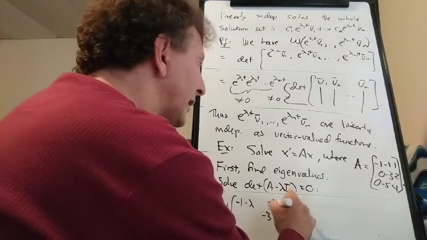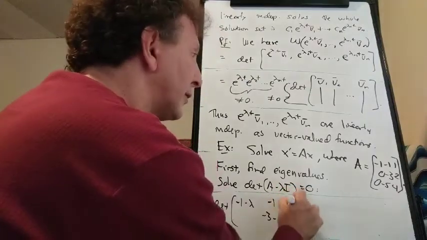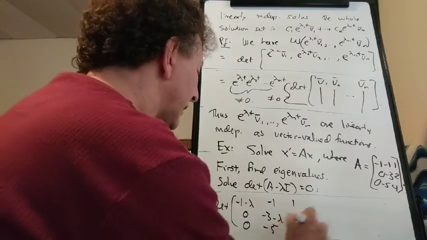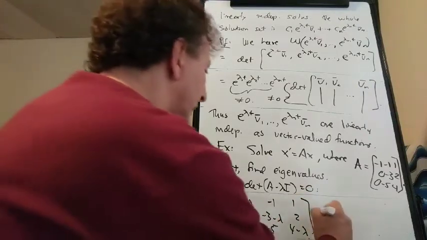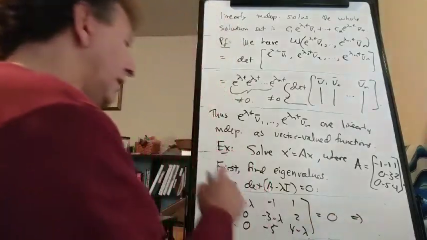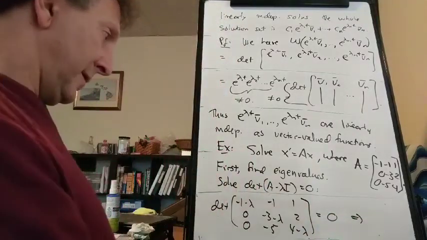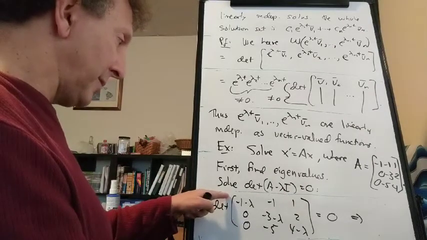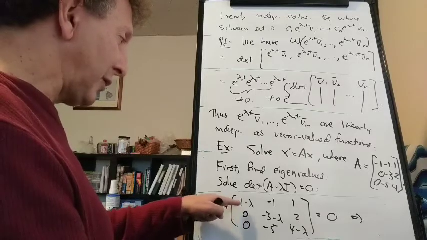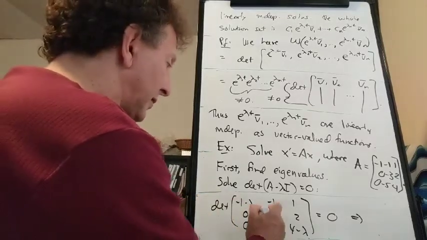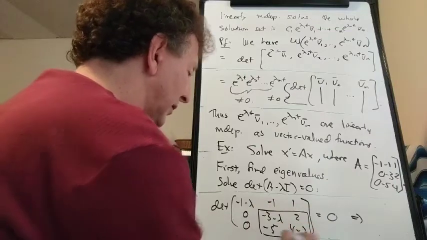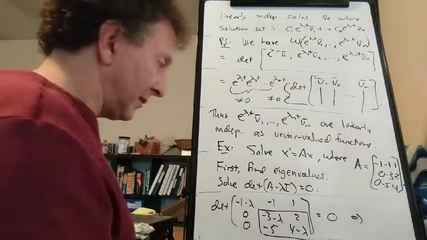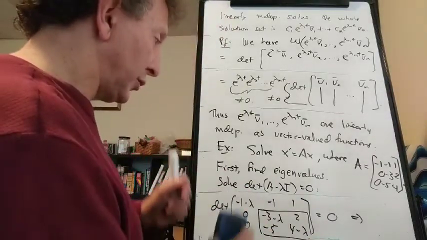And then copy the other entries of the matrix, -1, 1, 2, 0, 0, -5. That determinant should be 0. Now if we expand on the first column, the determinant's going to be -1 minus lambda times the determinant of this 2 by 2 submatrix. So maybe that would be easier than doing lots of diagonal multiplication and adding.